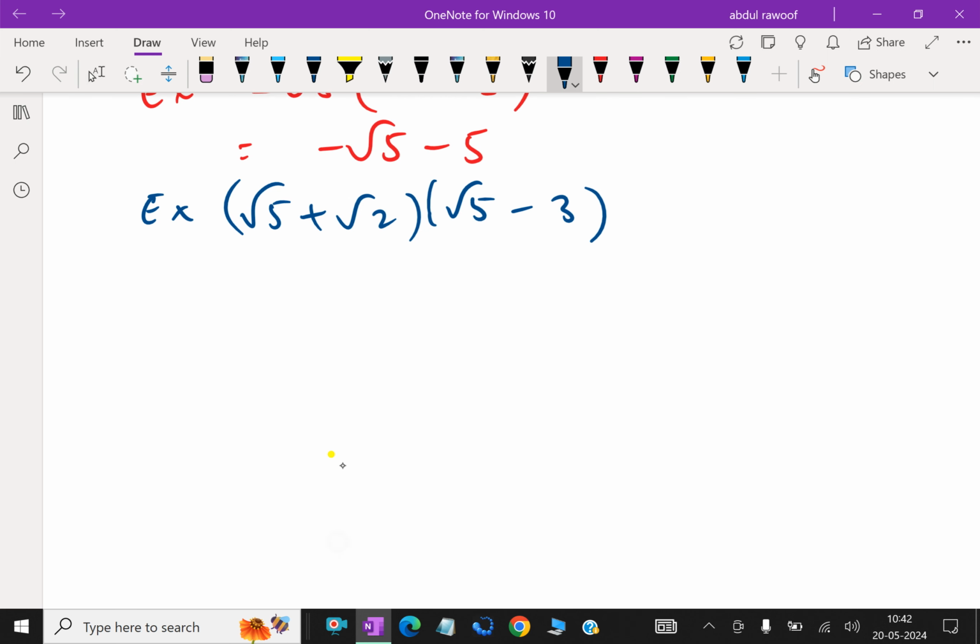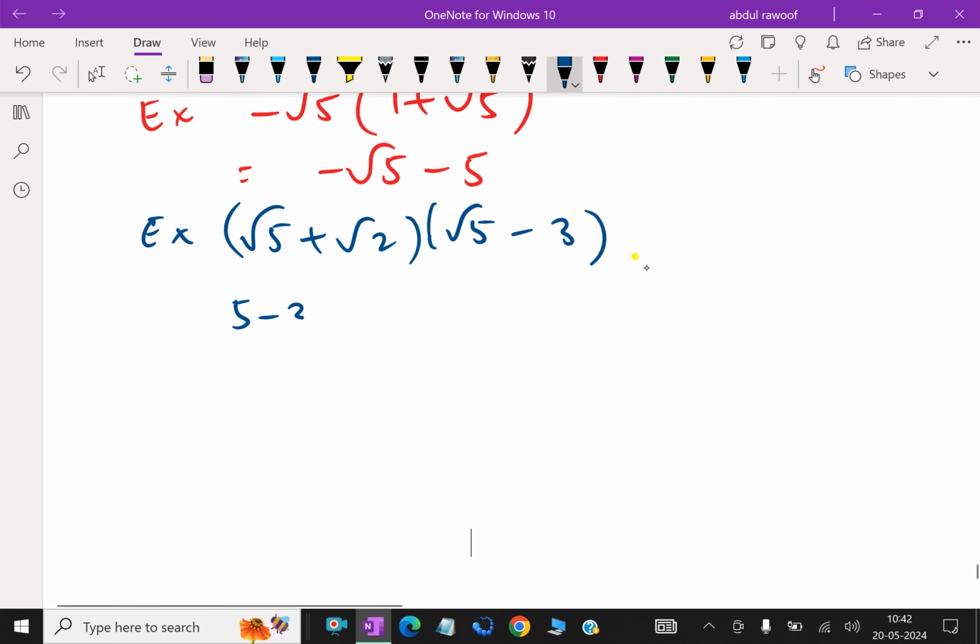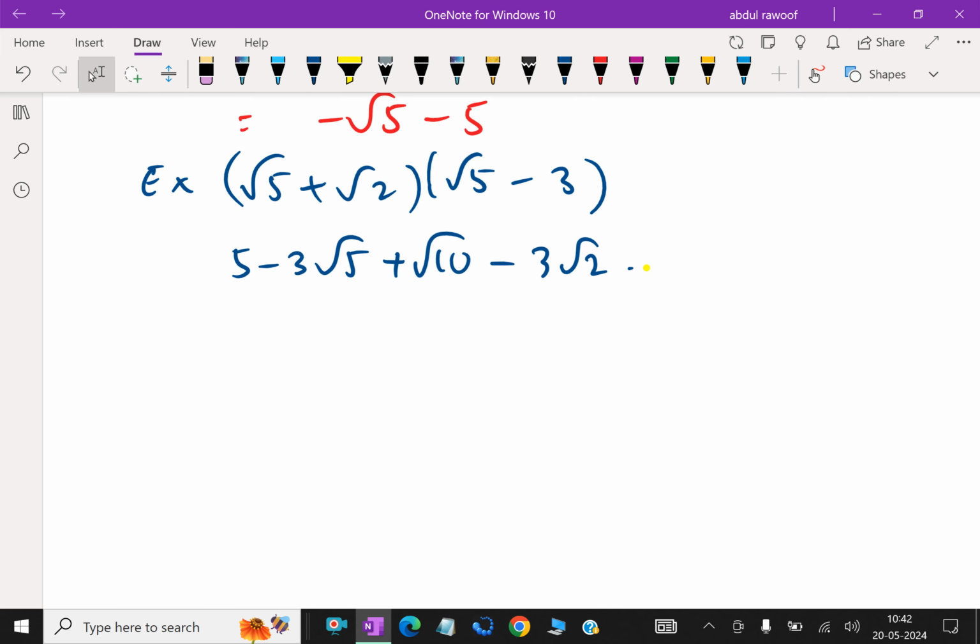Here, root 5 into root 5 is 5, root 5 into 3 is minus 3 root 5, plus root 2 into root 5 is root 10, minus 3 into root 2 is minus 3 root 2. There is no further simplification because there are no similar surds here. Root 5 and root 10 we cannot combine, and root 2 also we cannot combine.